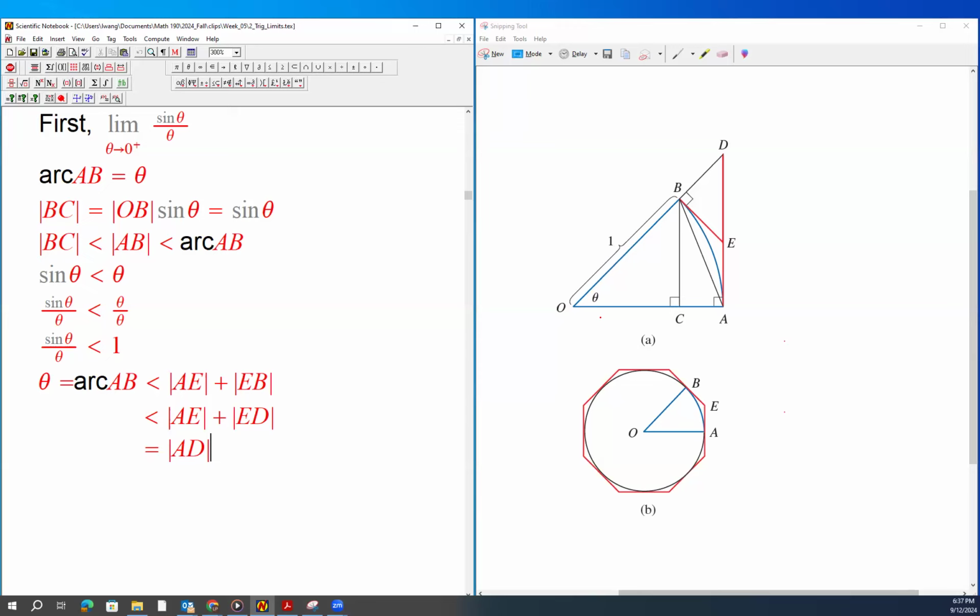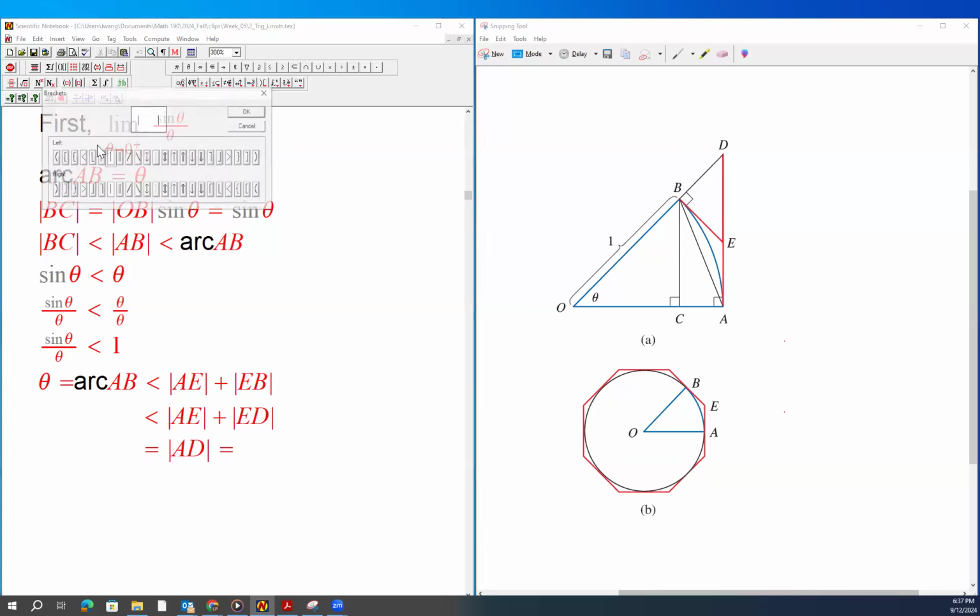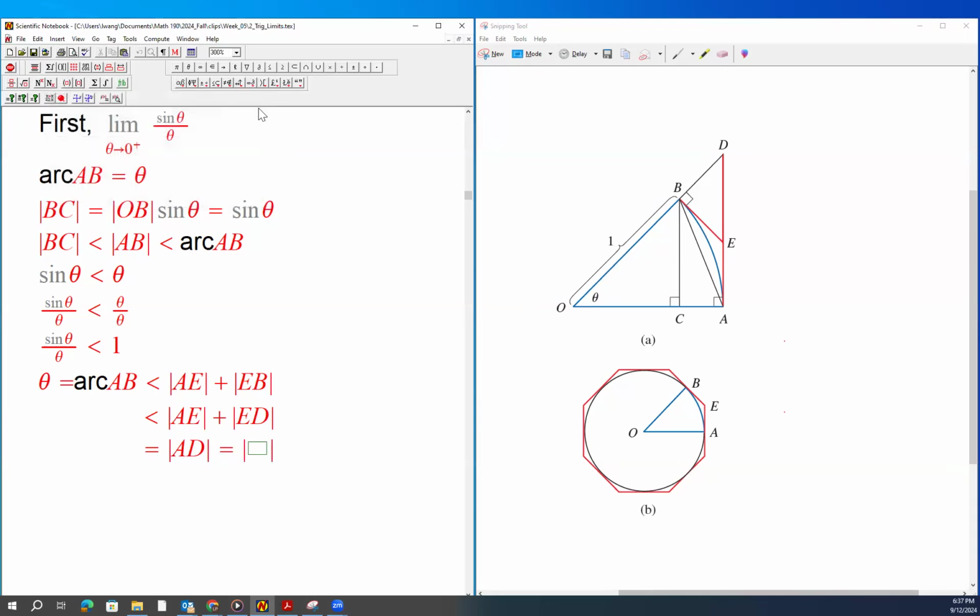And therefore, AD is equal to OA multiplied by tangent theta, because AD divided by OA is tangent theta. Opposite over adjacent side is tangent theta.